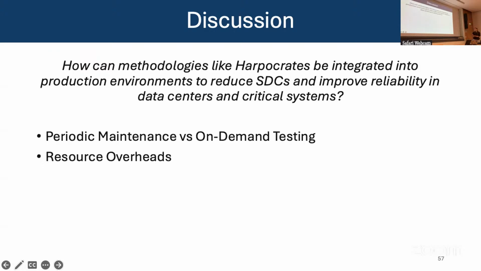I think here we would need to consider whether we want periodic maintenance or just on-demand testing, whether we suspect faults in CPUs and then want to run it, or, as mentioned in the previous presentation, before every update we can check those CPUs. But we also need to consider substantial resource overheads due to running all those tests.